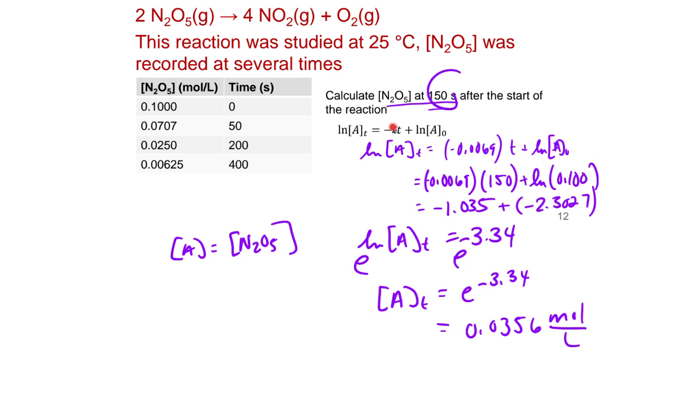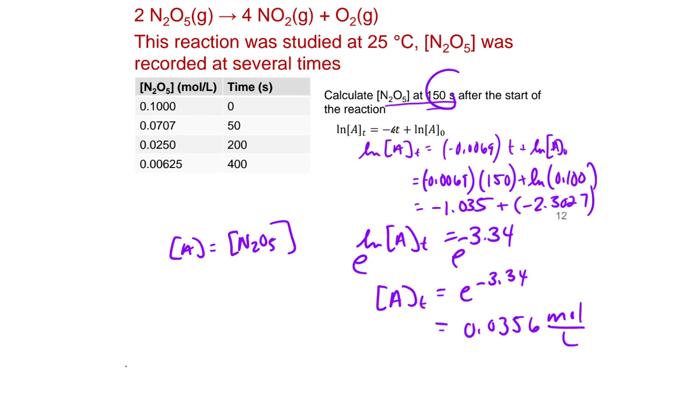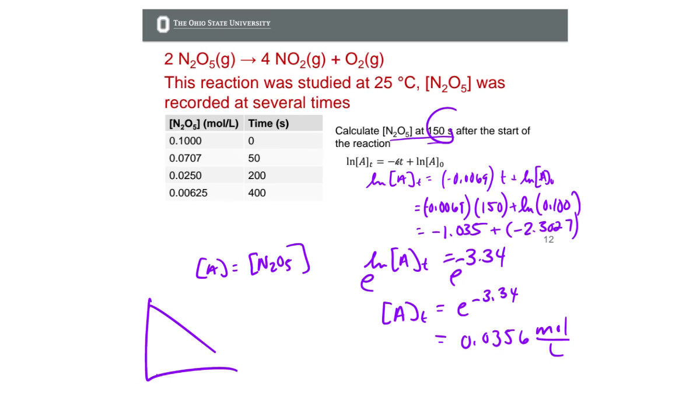This is showing up here. Does that make sense? Okay. The other way to think about it is that it has to be negative because the plot goes down. Right? The slope is negative. Other questions?